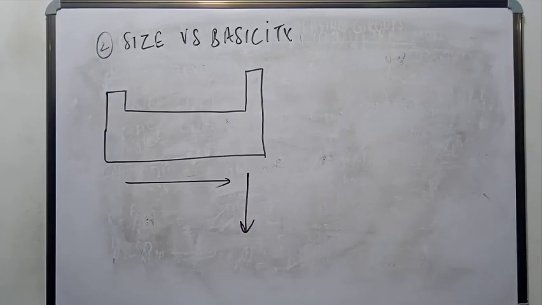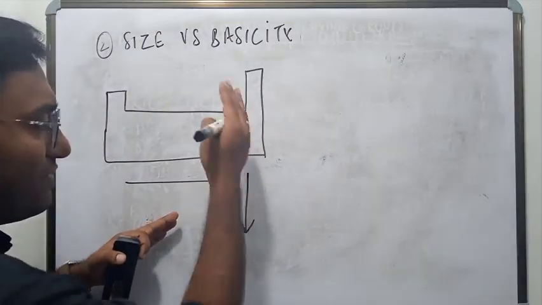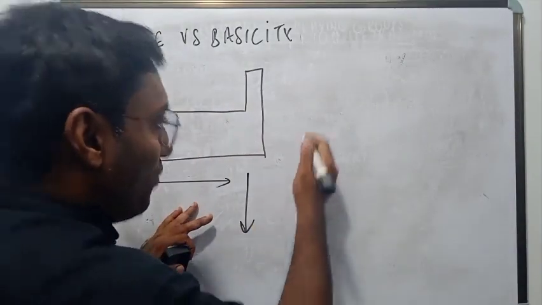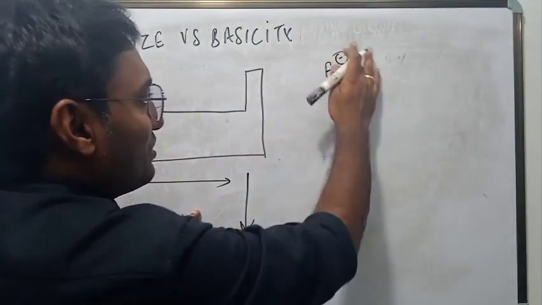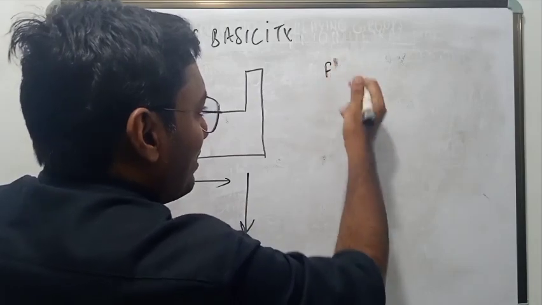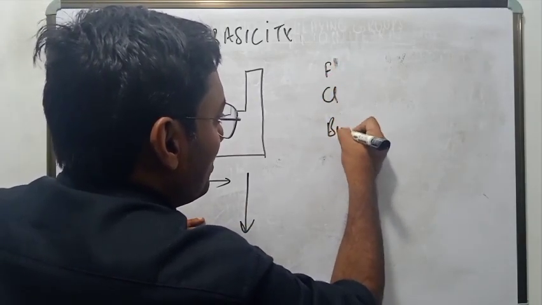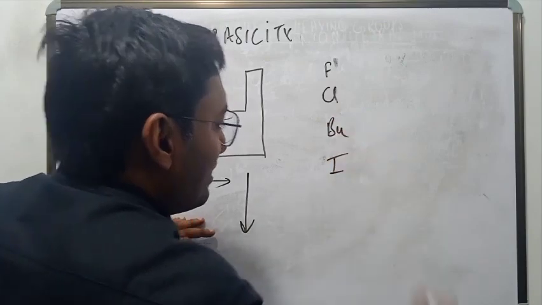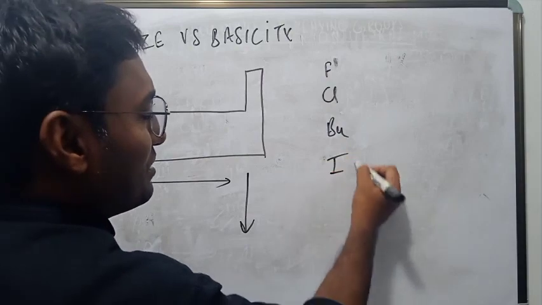As an example, I take one series, the halogens. Which is the smallest halogen? Fluorine. What after that? Chlorine. What after chlorine? Bromine. What after bromine? Iodine. So iodine is the biggest of all these atoms.